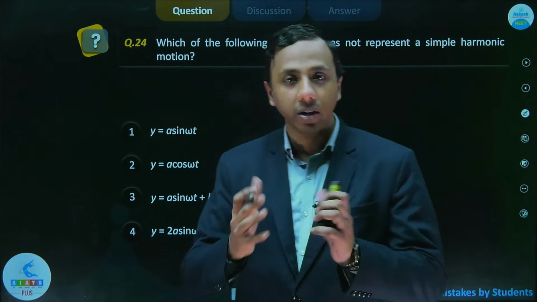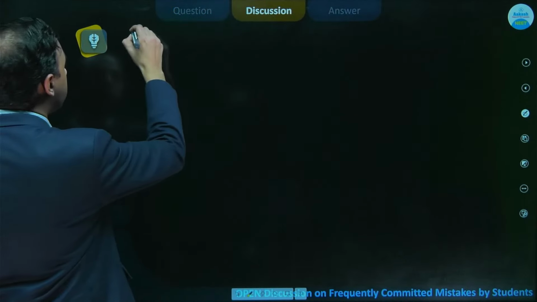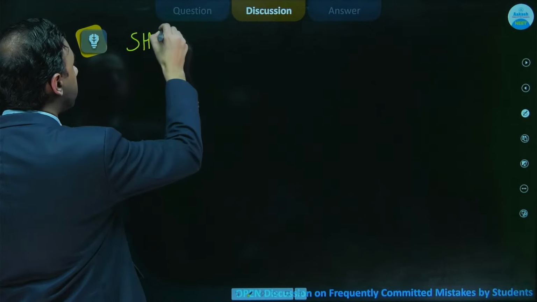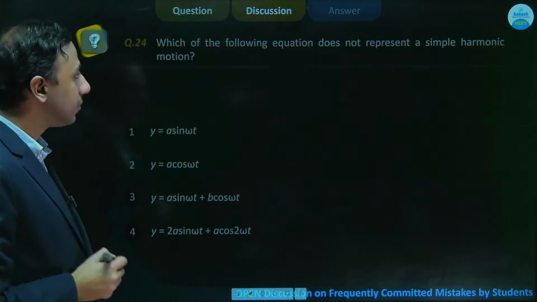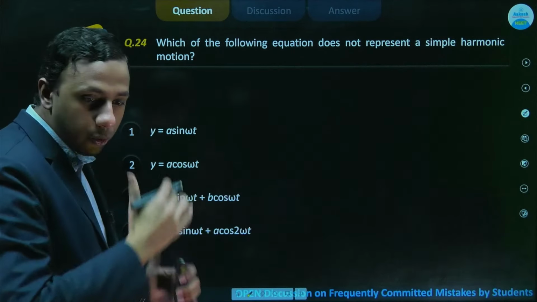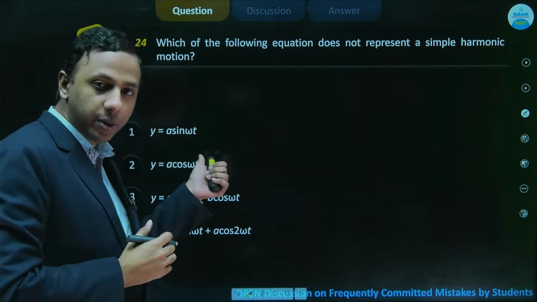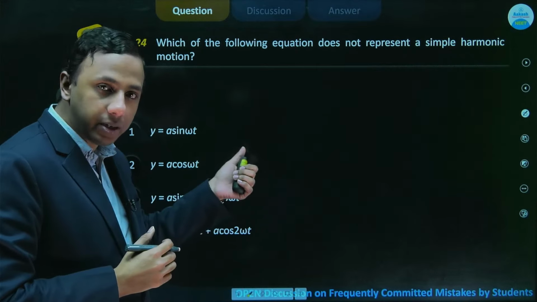Okay, so first up, what is simple harmonic motion, right? Something to remember: if you see each of these options, it's given y is equal to something as a function of time. So y is your displacement, t is the other variable, time.